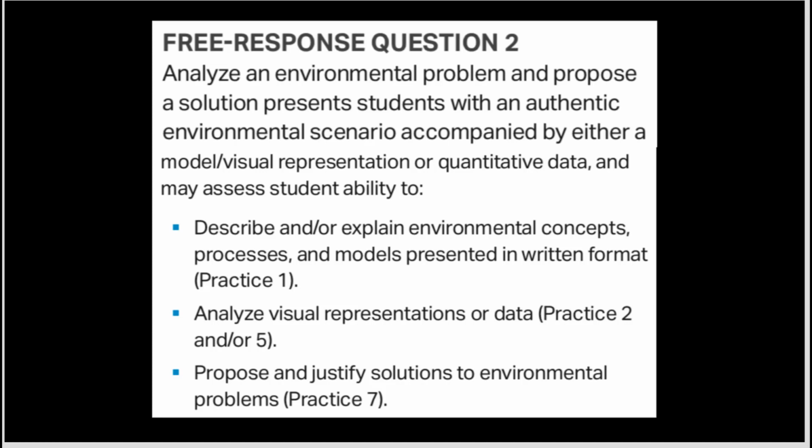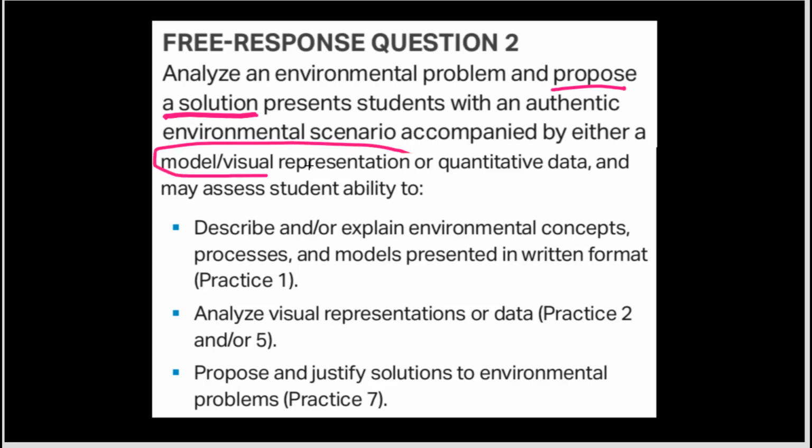So this is the type. This is what they say about it in the description of this type. They say you'll analyze the environmental problem and propose a solution. This means they're going to present you with some sort of environmental scenario, and then they'll give you a model or a visual representation.